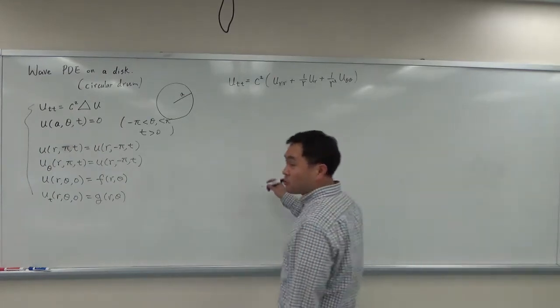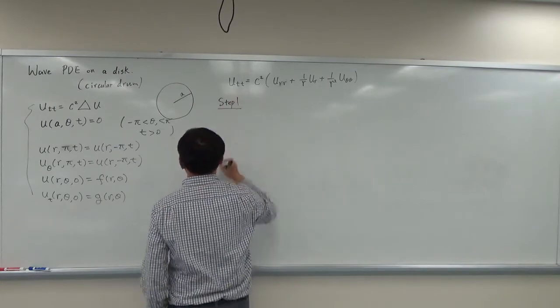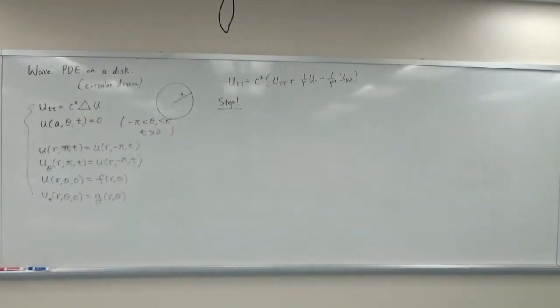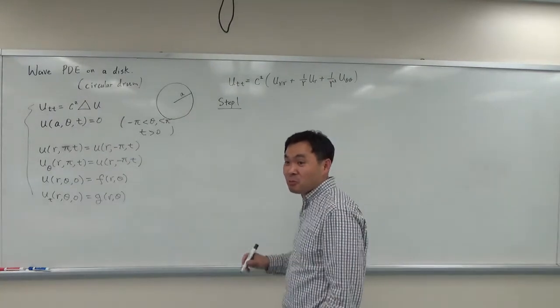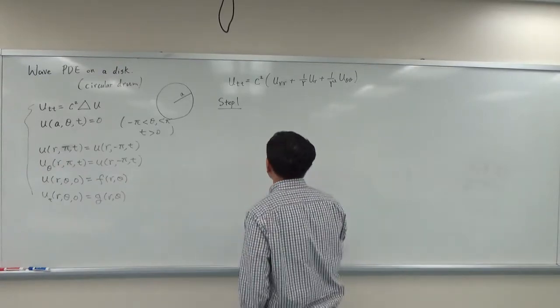And then we start with step 1. What's step 1? The separation of variables. You separate the function as products of simpler functions.